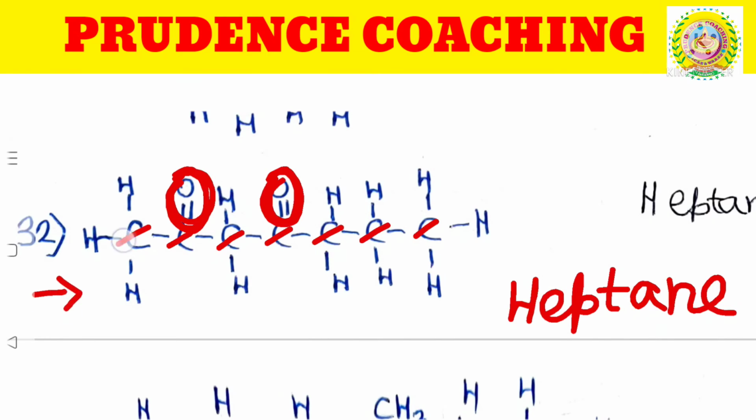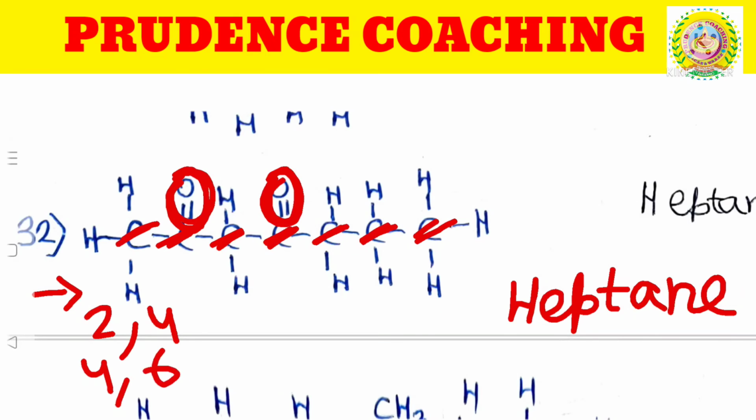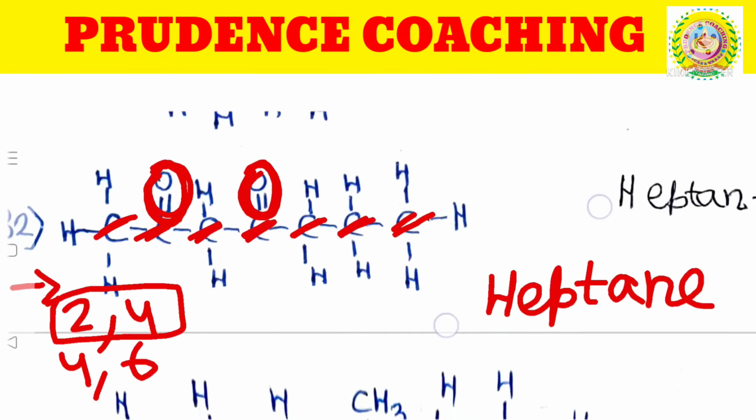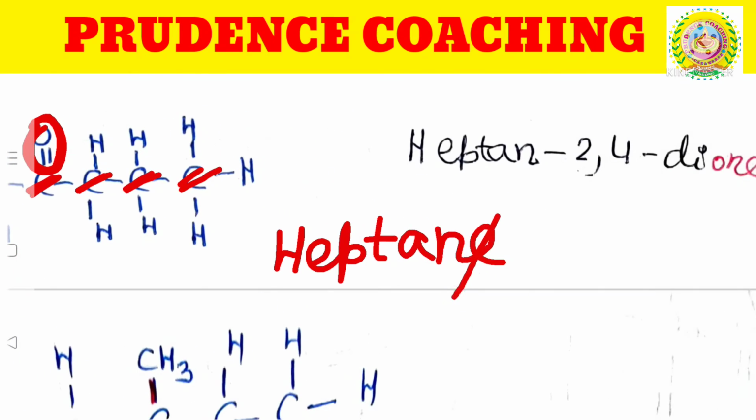From this side you will get first, second, third, fourth, that is second and fourth position. From this side if we count 1, 2, 3, 4, 5, 6, that is 4 and 6 position. So you need to consider the shortest position, that is 2, 4, and as it is ketone, that means you need to remove this E and write O-N-E at the end.